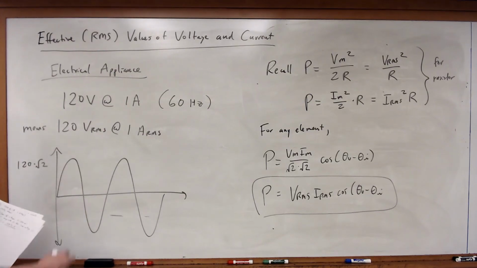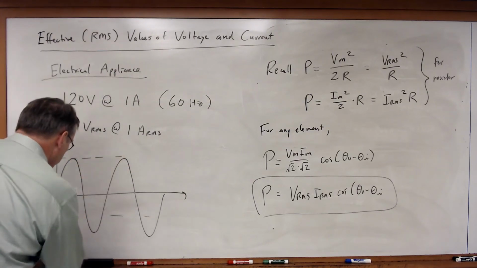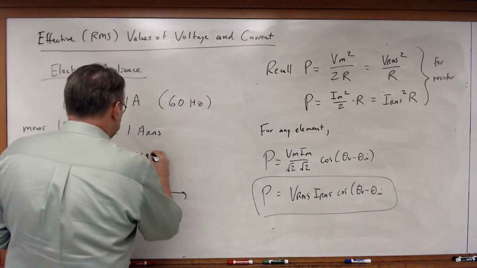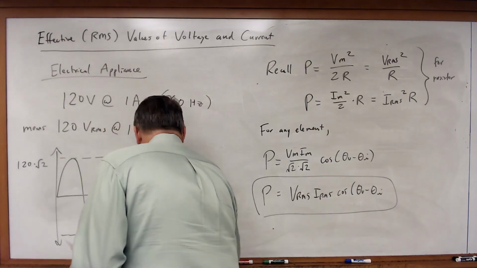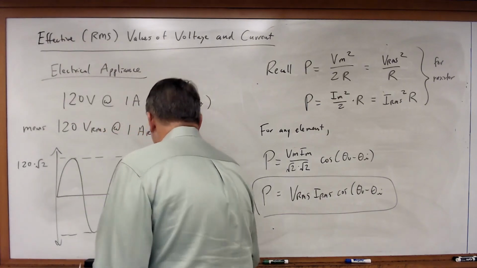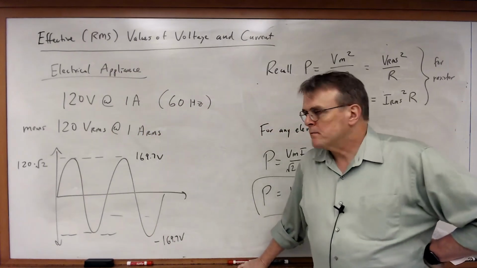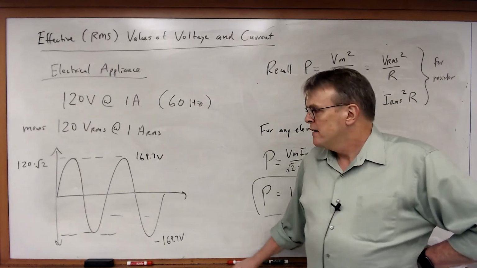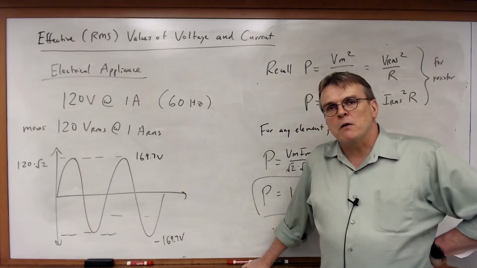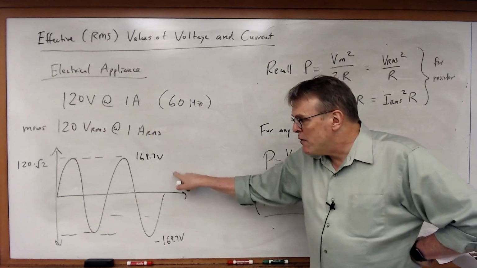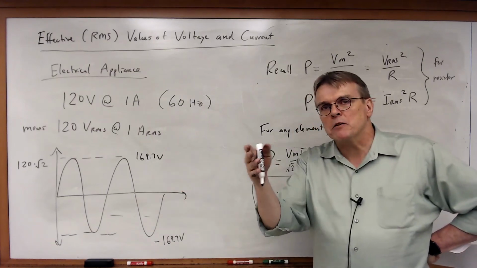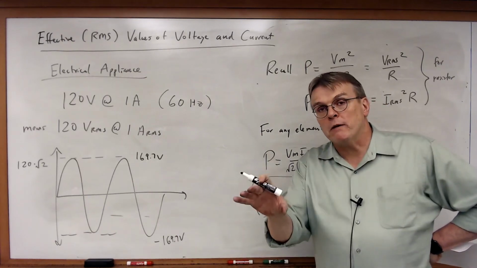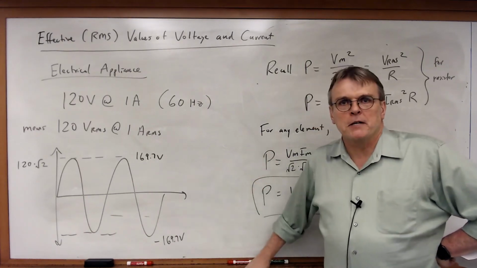So what you really see is a sinusoid with a maximum and minimum value of about 169.7 volts. So what comes out of the wall is a sinusoid with a magnitude of about 170 volts, plus and minus 170 volts. But as far as how this sinusoid will heat up a resistor if you connect it to it, it heats it up exactly the same as if you took a 120 volt DC battery and hooked it across that source.